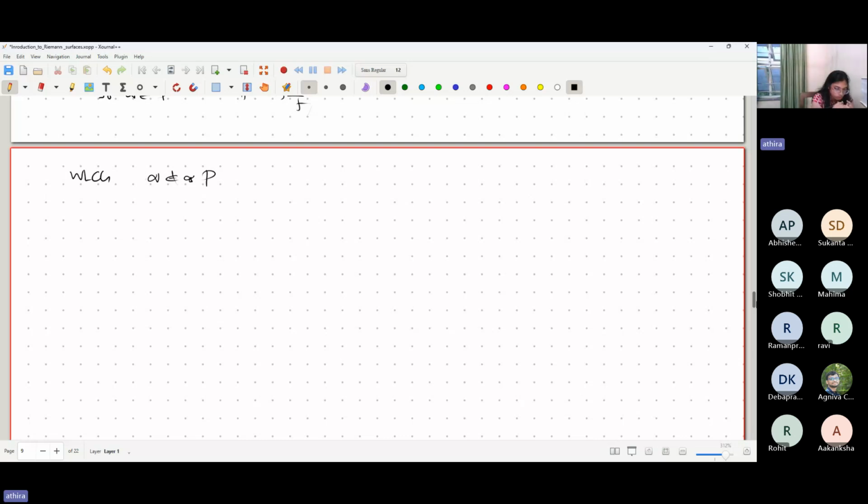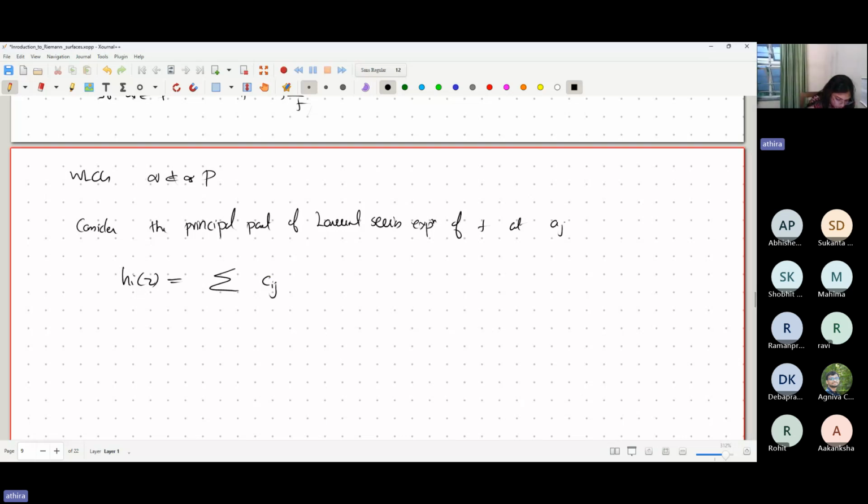Given that f is a meromorphic function, consider the principal part of the Laurent series expansion of f at aj for each aj in P. I am denoting this by hj of z, the sum of c_j times (z minus aj) to the power j, where j goes from minus nj to minus 1.